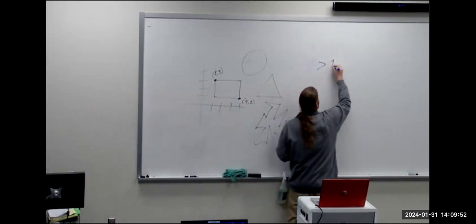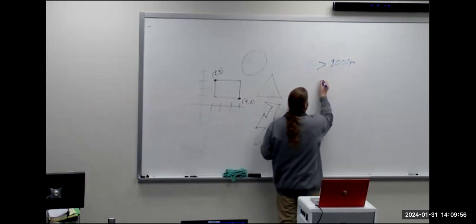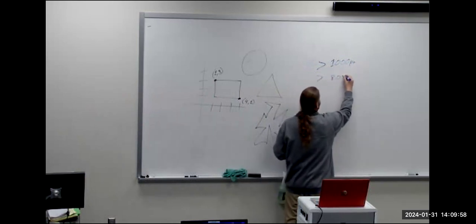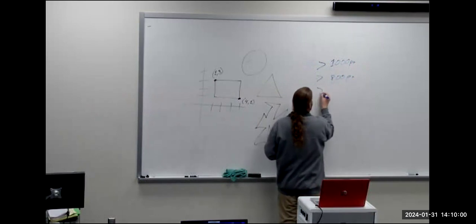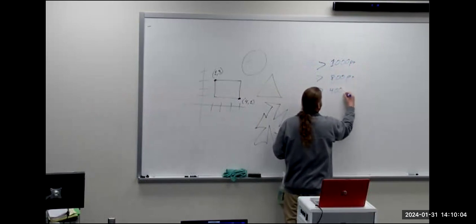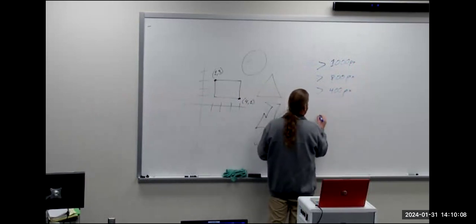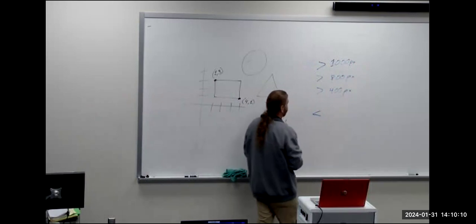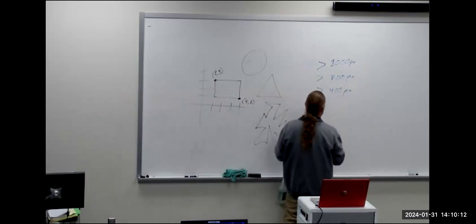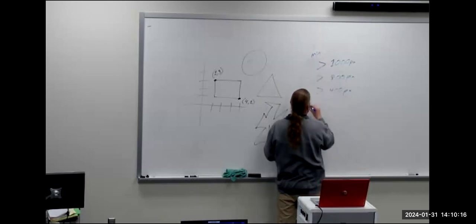So max would be like greater than 1000 pixels. Max size of greater than 800 pixels. Max size of greater than 400 pixels. Minimum is the screen size going the other way. So we want to worry about when it's, or sorry, I said that backwards. That's the minimum.